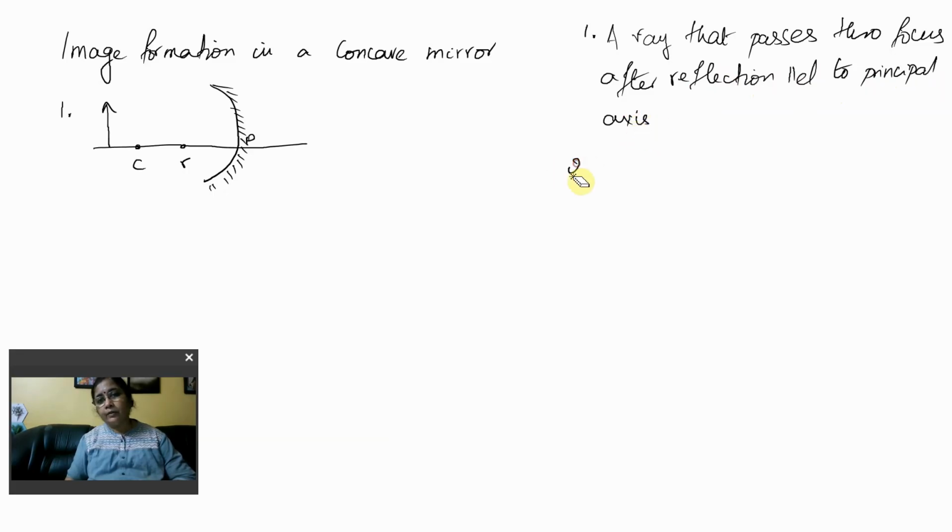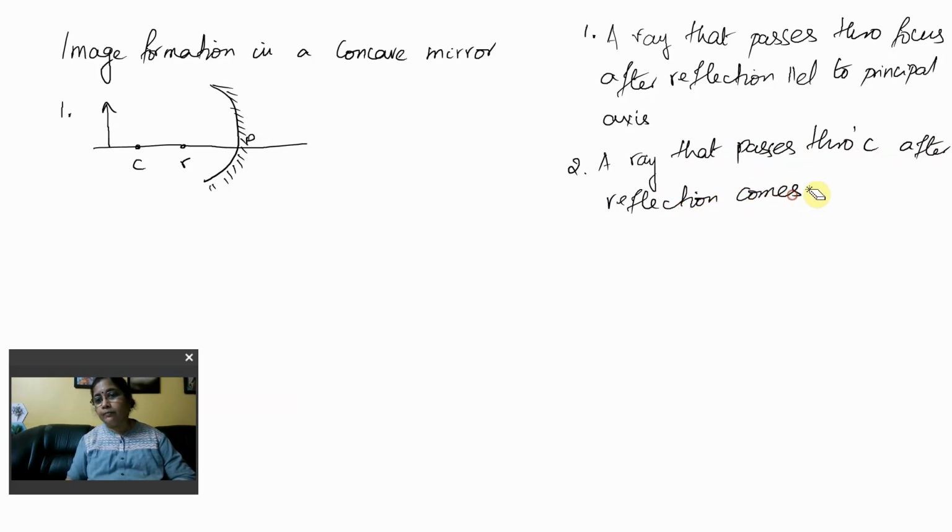Second, a ray that passes through C, that is center of curvature, after reflection comes back through C.